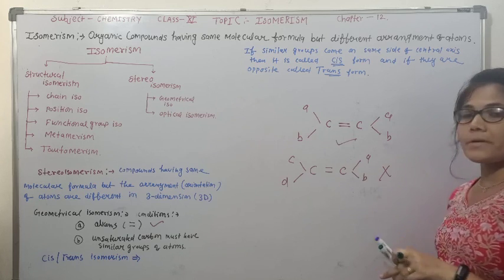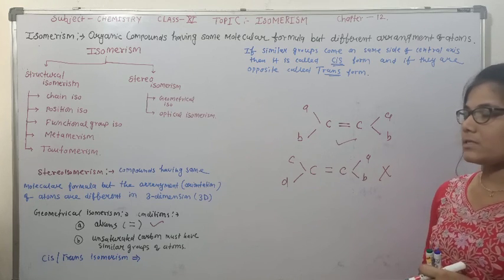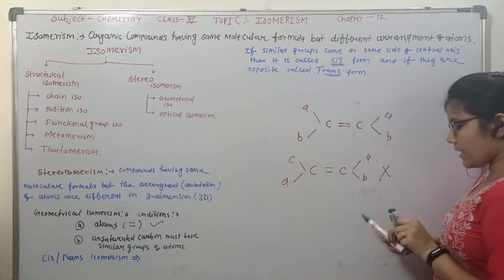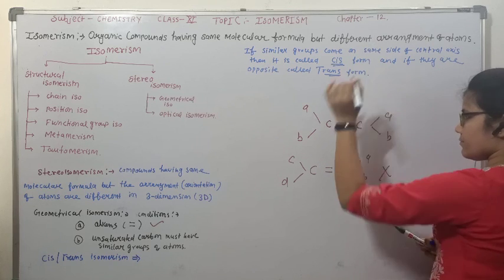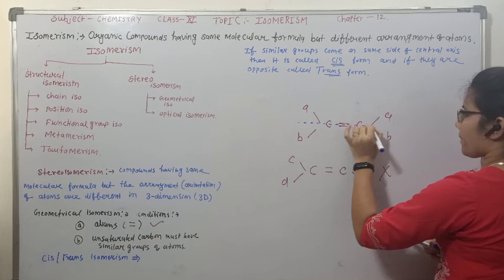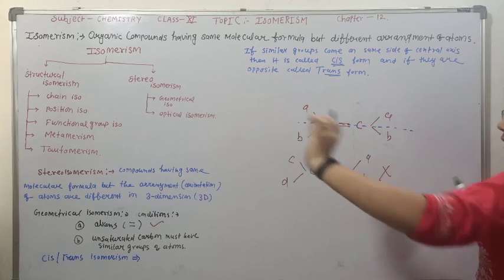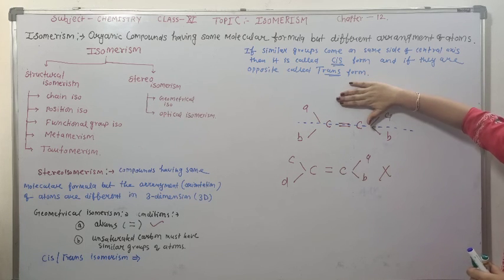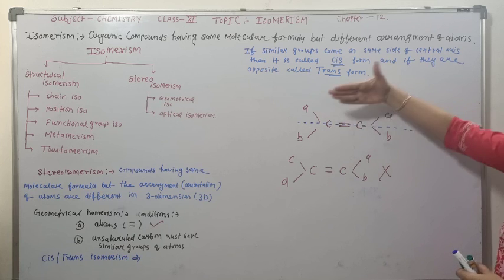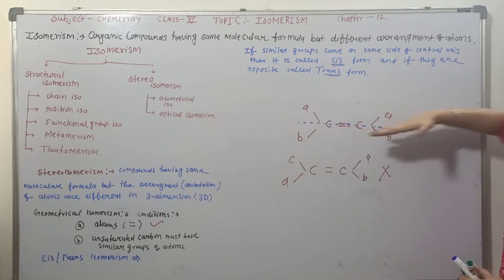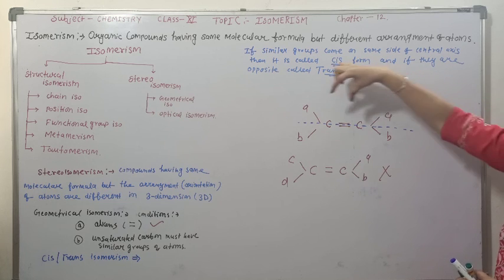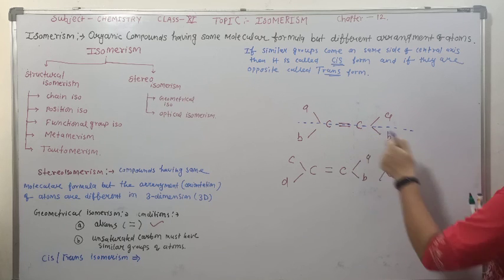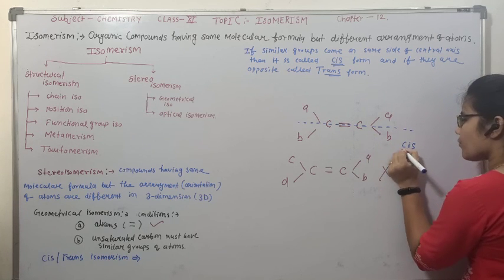Now, this isomerism is also called cis-trans isomerism. Let's put a central axis on a double bond, like this. Through the double bond, we are putting a central axis. Now check: if similar groups come on the same half, A and A, B and B, then this form of compound is called cis form.